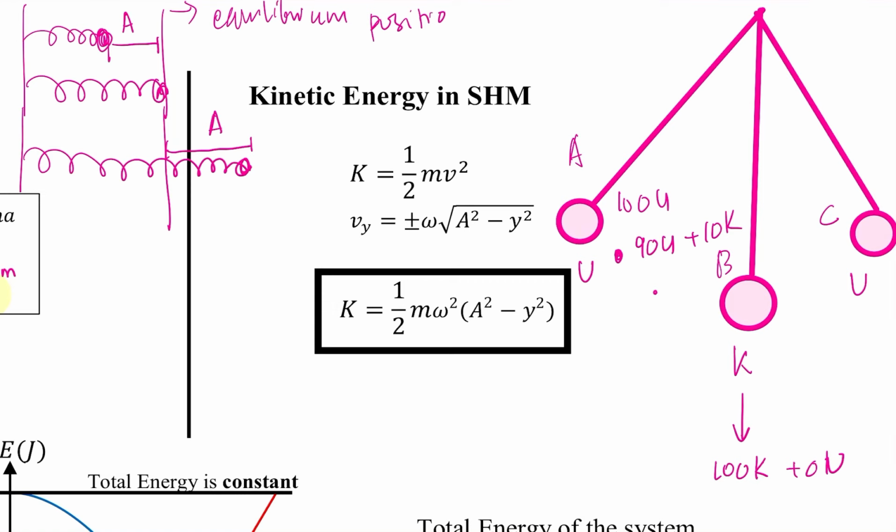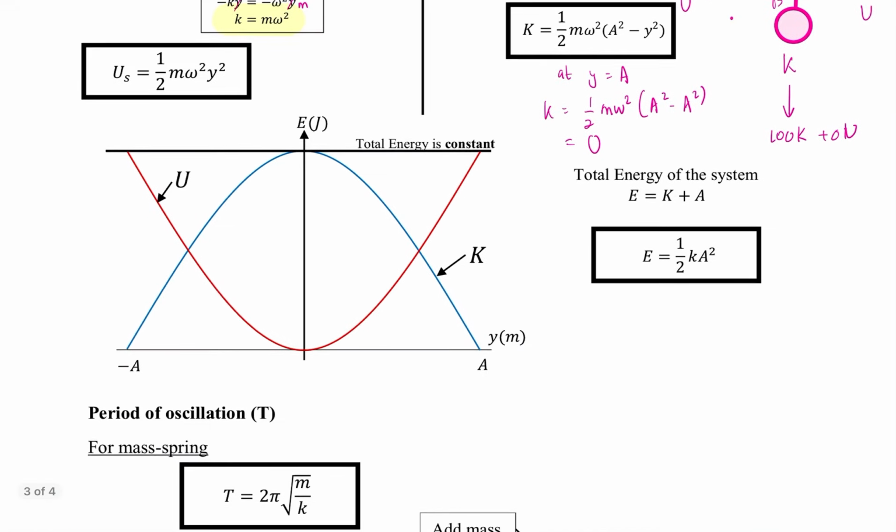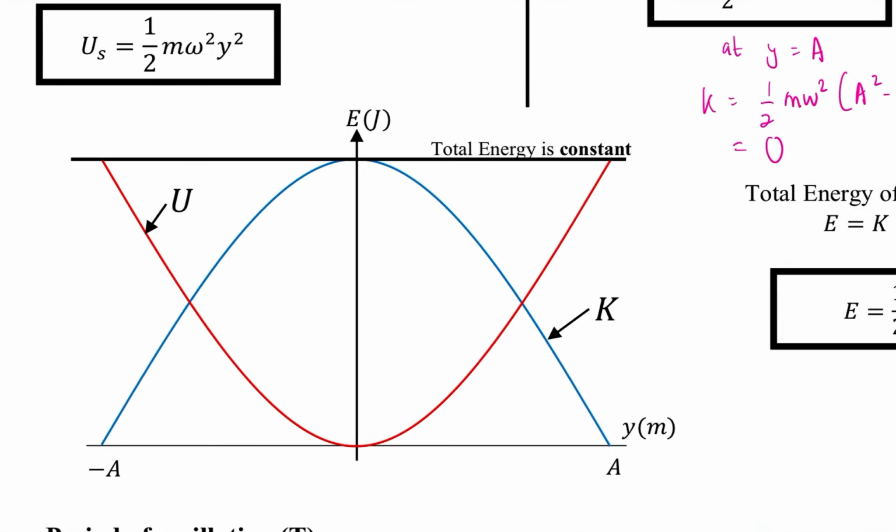Cuma kalau katalah dekat maximum, at y sama dengan a, maximum amplitude, so K sama dengan 1/2 m omega square a square minus a square. So jadi kosong. Means that at the amplitude here, kinetic energy kosong.